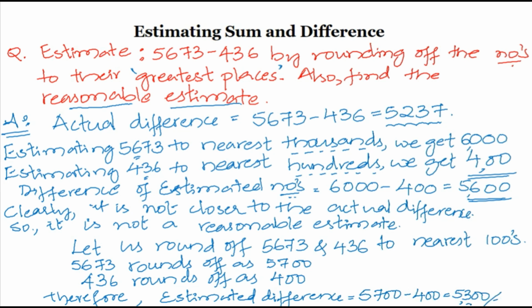Now you observe this with the actual difference. They are closer. So I can conclude that this estimated difference is a reasonable estimate. Therefore, to get the reasonable estimate for this particular question, we need to round off both the numbers to the nearest hundreds.